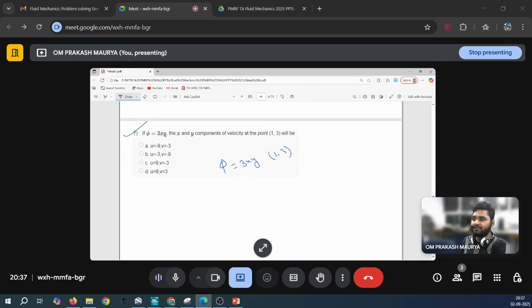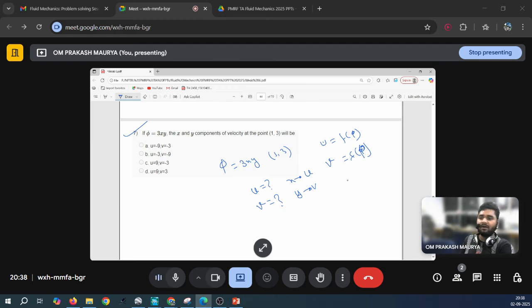Here you need to calculate the x and y components. If in the x direction it is u and in the y direction it is v, you need to calculate the u value and the v value. So first you need to understand how u is related to phi and how v is related to phi.